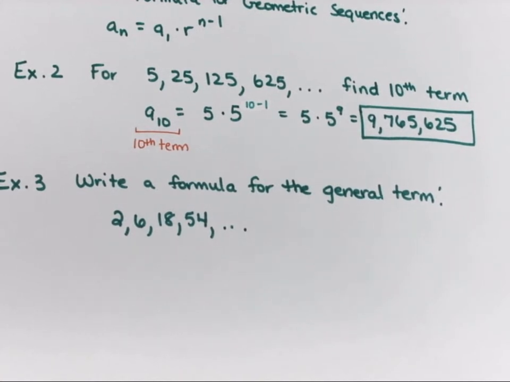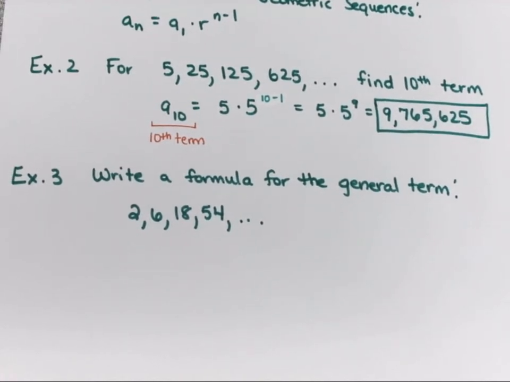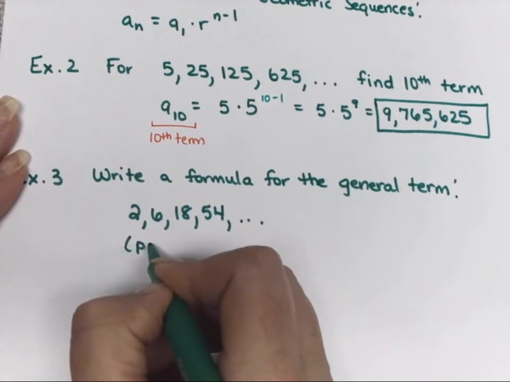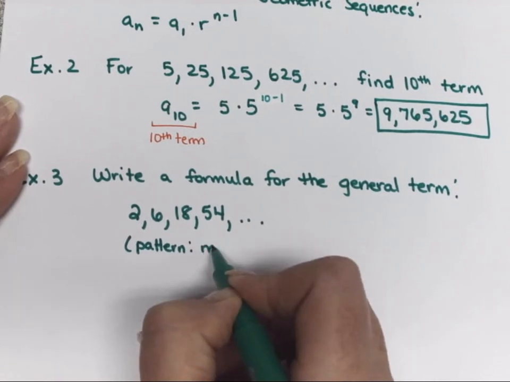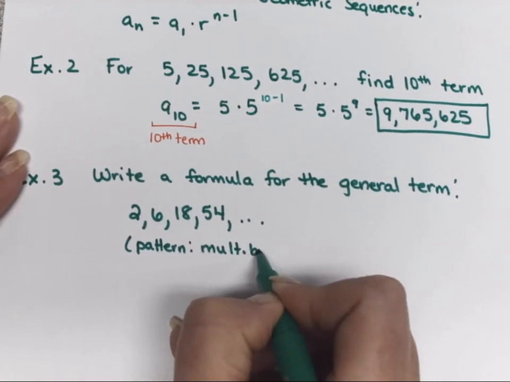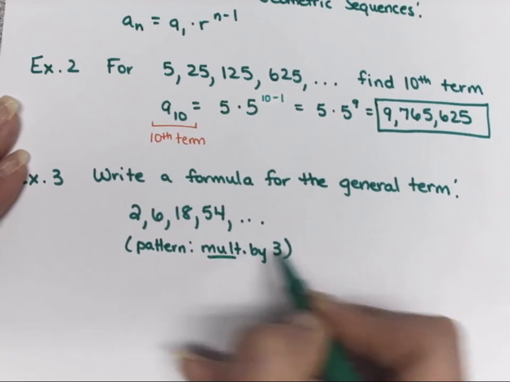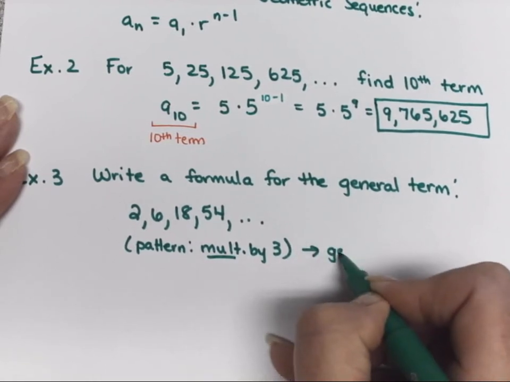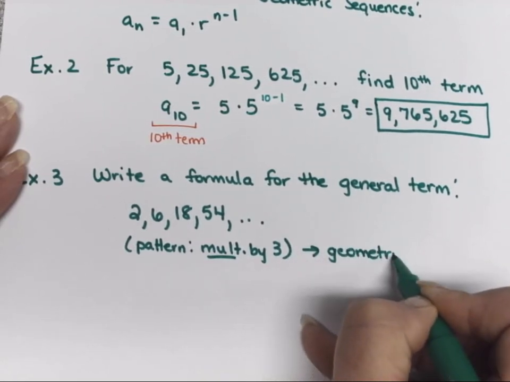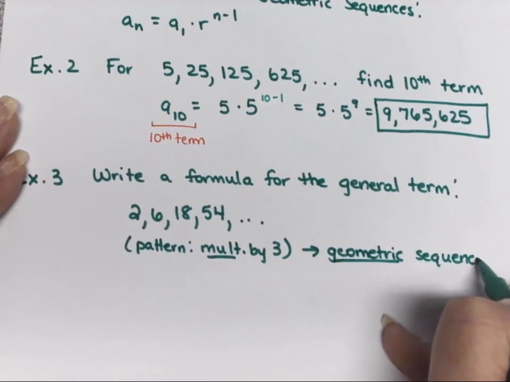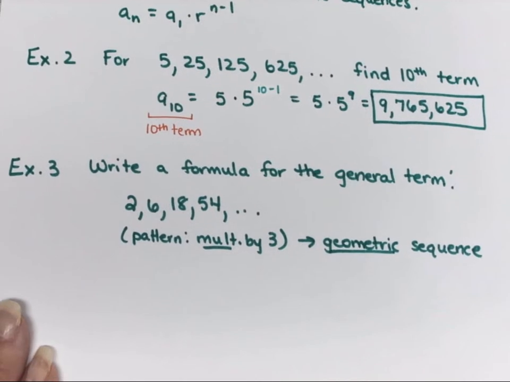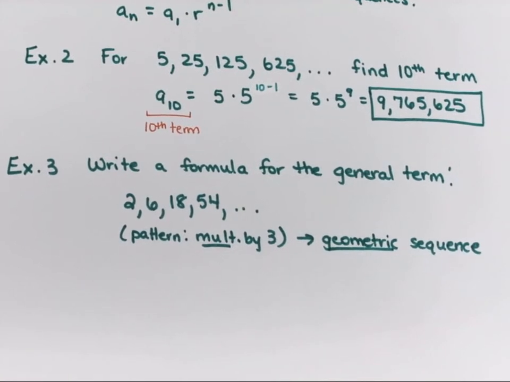The first thing we want to make sure is, what kind of sequence is it? You always want to at least mention to yourself what pattern you think you have. So what does it look like the pattern is? Multiplying by what? 3. So anytime you're multiplying by 3, what kind of sequence does that automatically mean that it is? Geometric. If you're adding or subtracting, it's arithmetic. If you're multiplying, it's geometric.